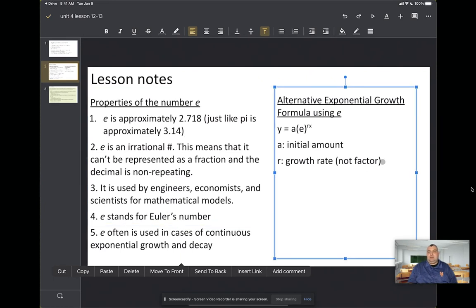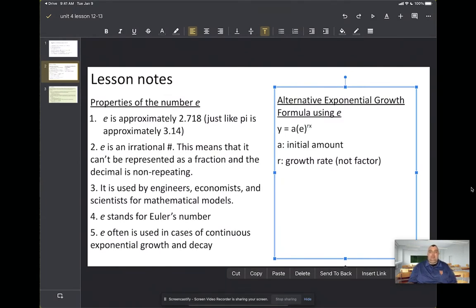As a result of that, we have right here an alternative exponential growth formula that utilizes the number E. So instead of A times B to the X, an alternative formula would be A times E to the power of R times X. So A, as with the other exponential growth formula, is still the initial value. Okay, E is E, and R, in this case, is the growth rate, not the growth factor.